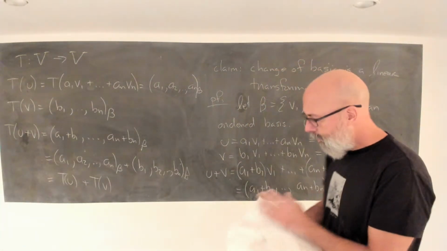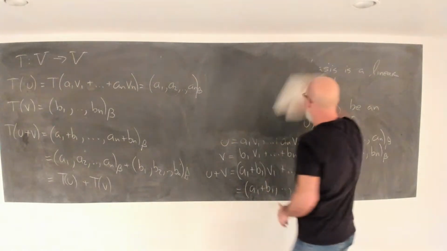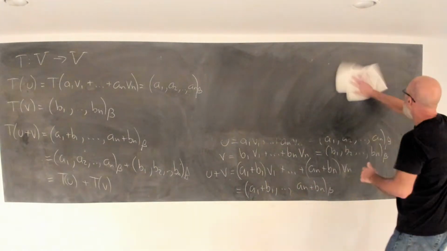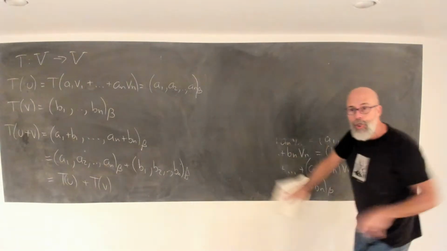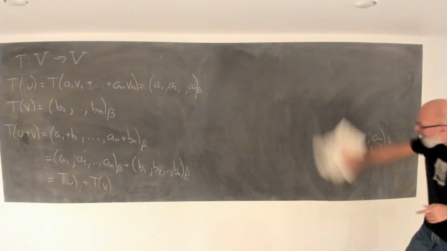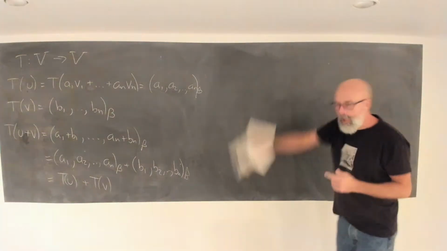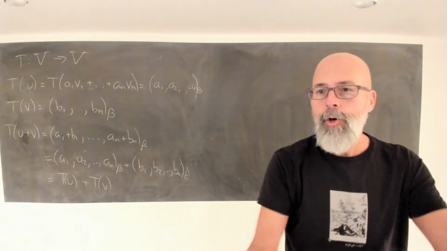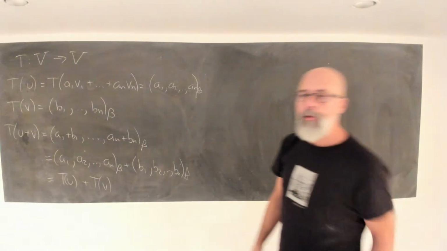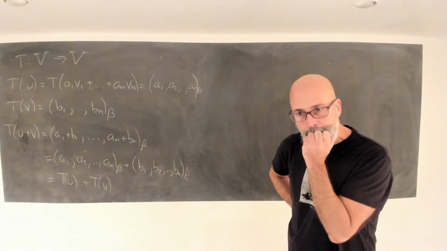Now, where are we going with this? We were looking at linear transformations, of which change of basis is an example. So the linear transformation is equal to the basis. Well, that's not a proper statement.